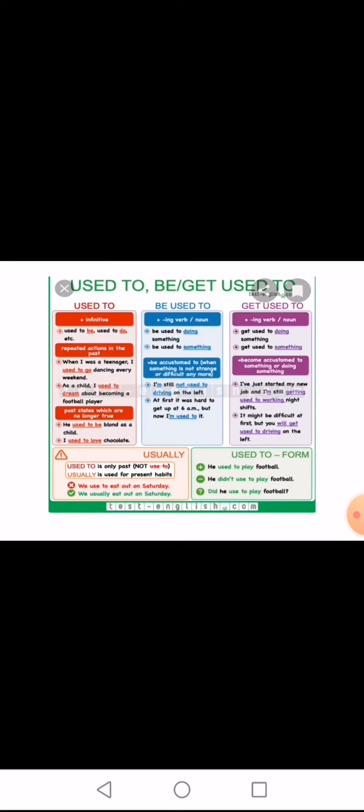You get used to, get used to doing something or get used to something. Be accustomed to something or to doing something, يعني إنه أنت معتاد على، عم تتعود على هذا الإشي، عم تصبح تتعود على الشيء.